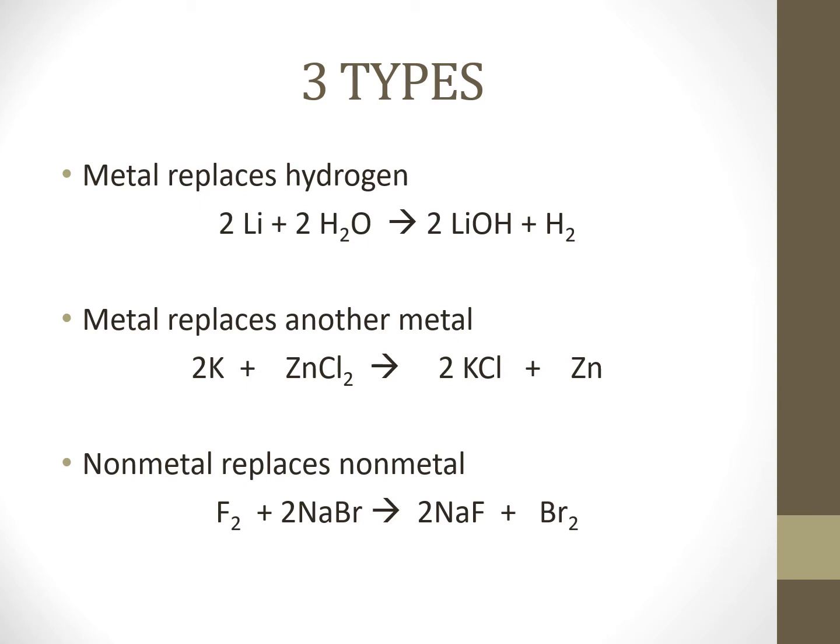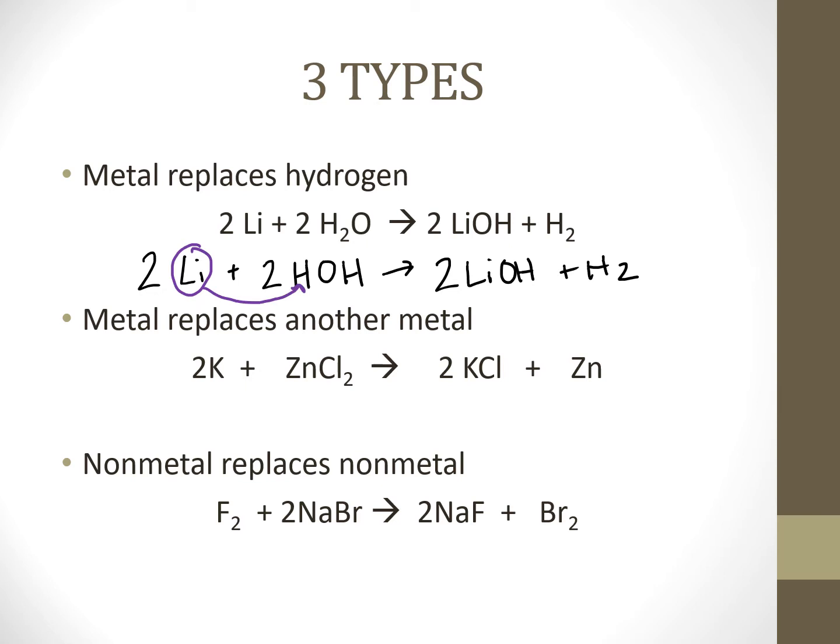So here, this first example is a little hard to see, so I'm just going to rewrite it. 2Li plus 2HOH, which is sometimes how we write H2O. So in this example, the Li is replacing this first H, okay?